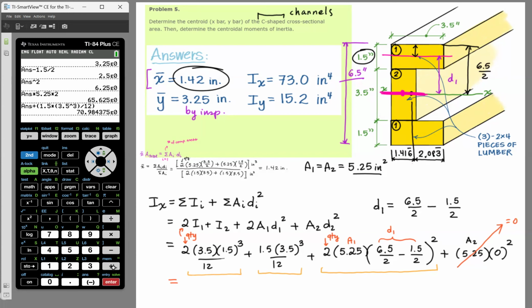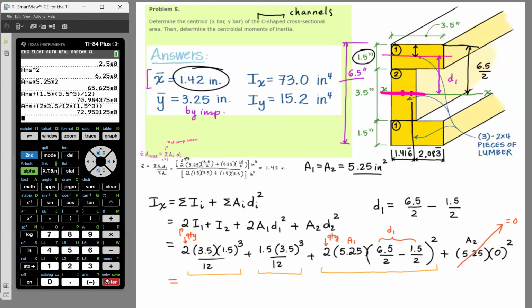Okay. And then the final term, the one in the front, plus 2 times 3.5 divided by 12 times, open parentheses, 1.5 cubed.